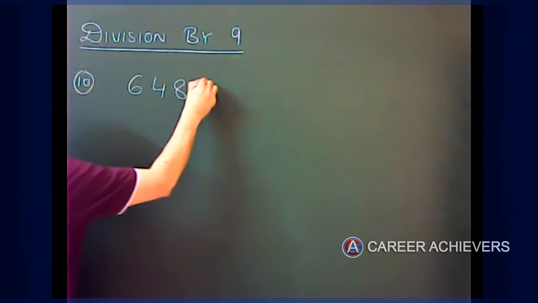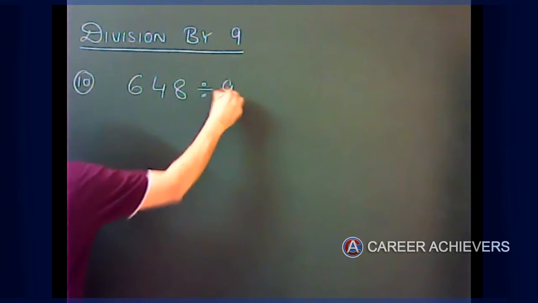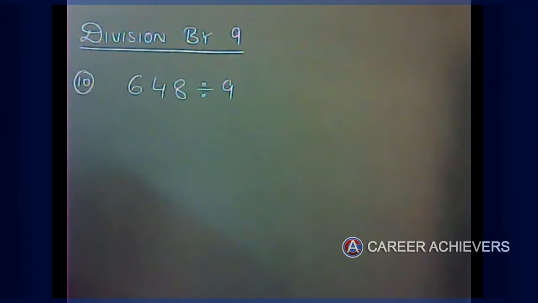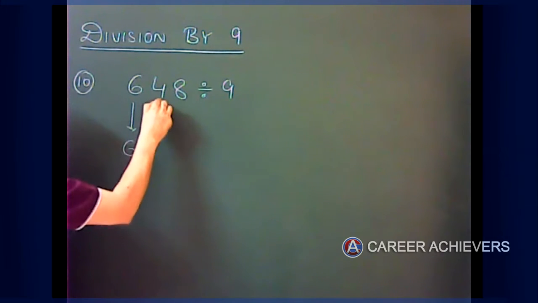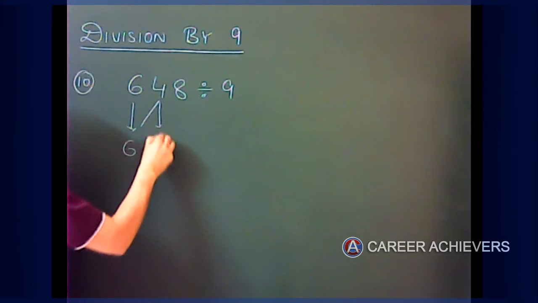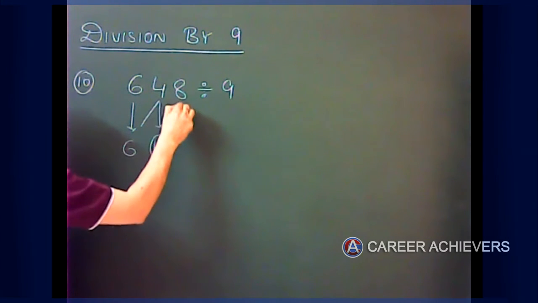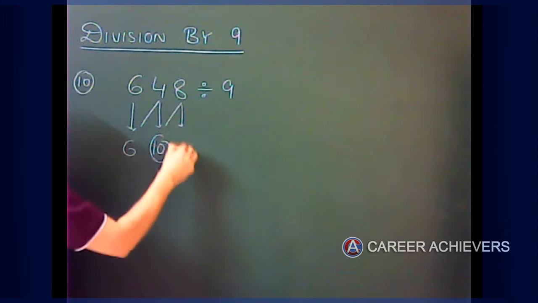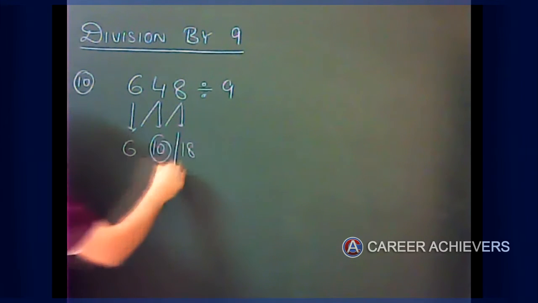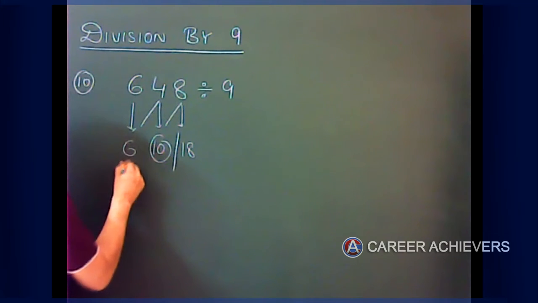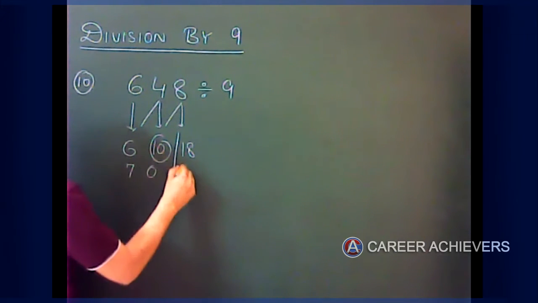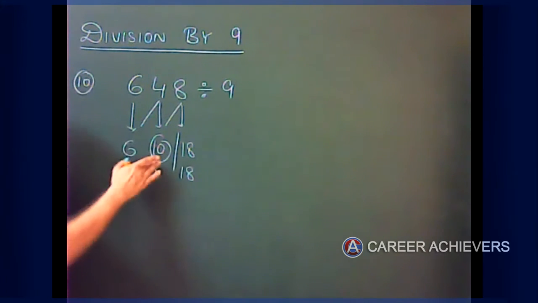648 divided by 9. Now this is 6, then 6 plus 4 is 10, and then 10 plus 8 is 18. A very special case. Now when you simplify here, you will get 70 and 18.